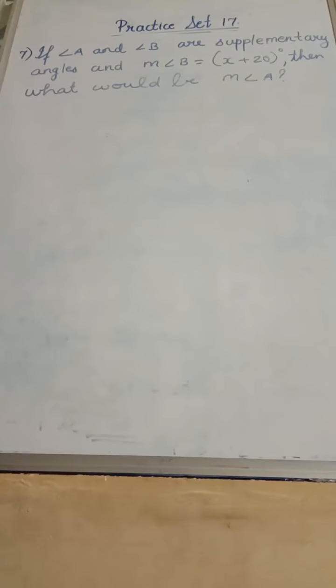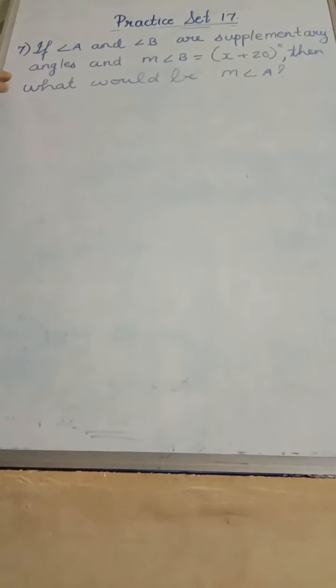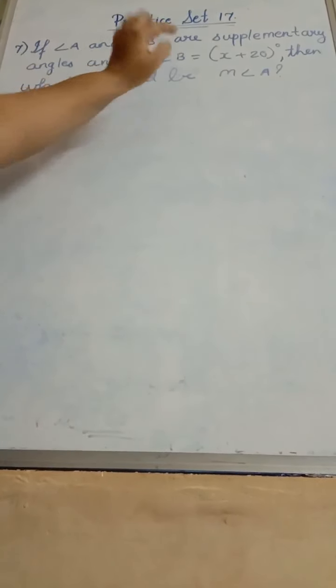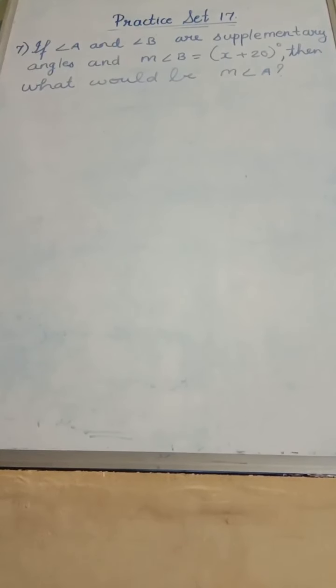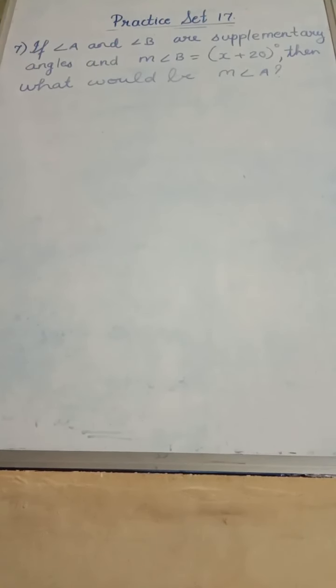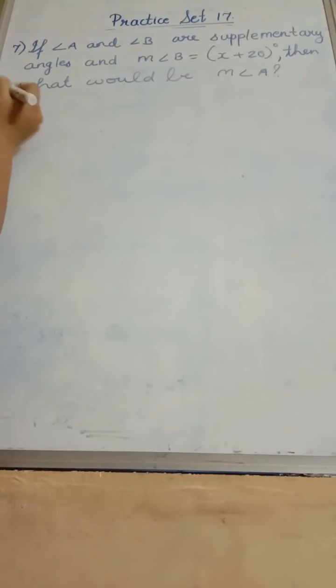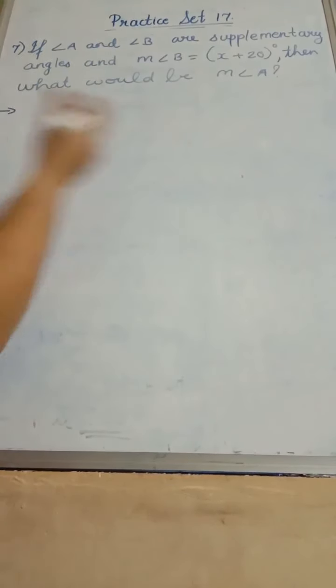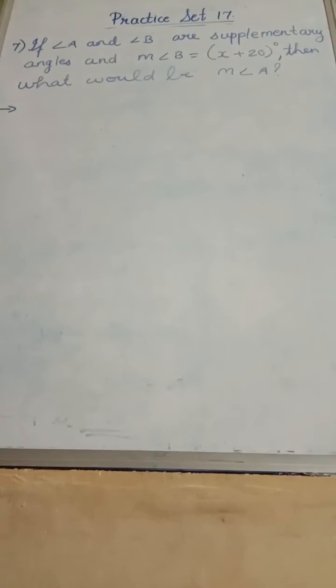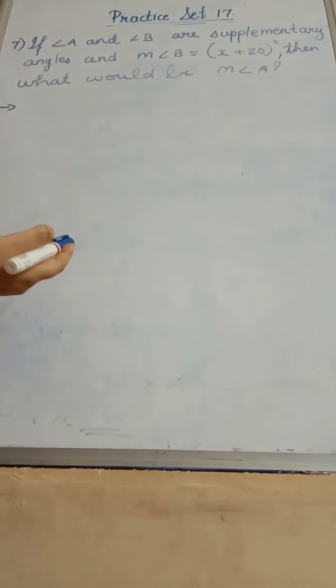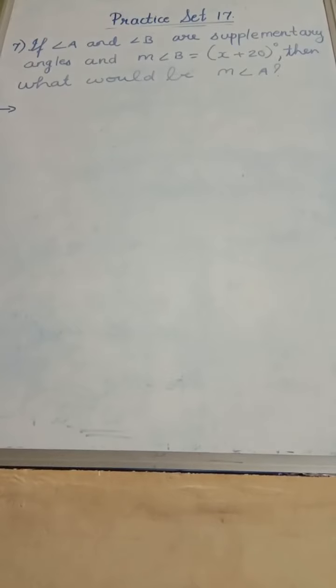That is, if angle A and angle B are supplementary angles and measure of angle B is equal to x plus 20 degrees, then what would be measure of angle A? Now very easy sum, both the angles' names are given and they have told us which pair it is. Yeah, and one angle's measurement is given, we can find the other angle's measurement.